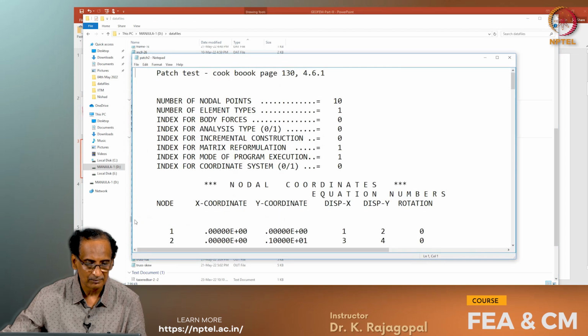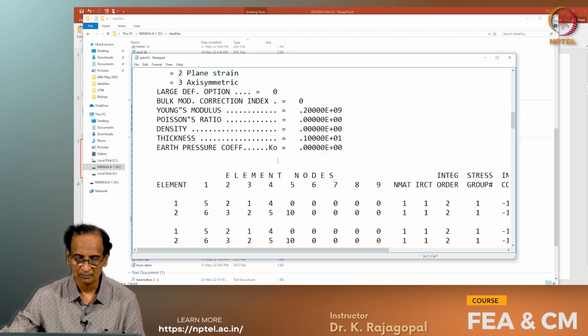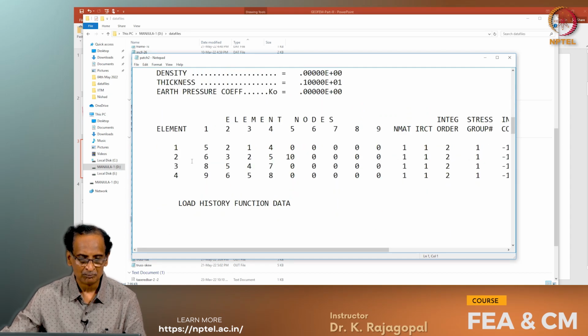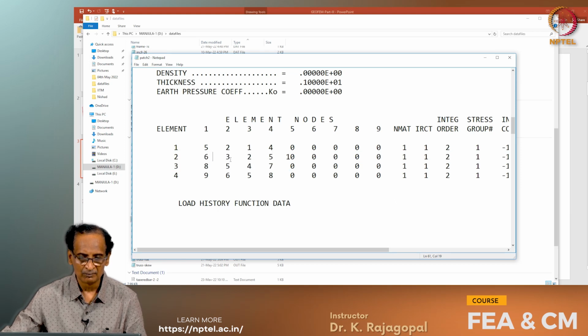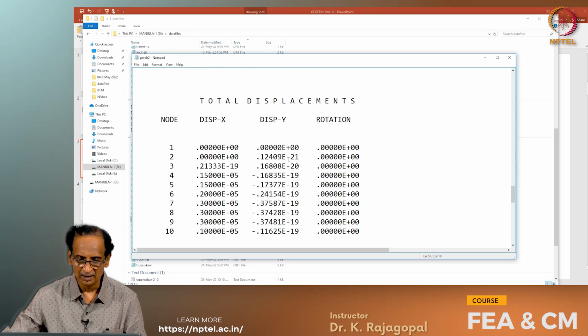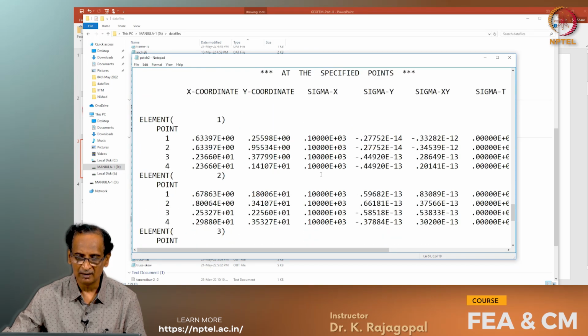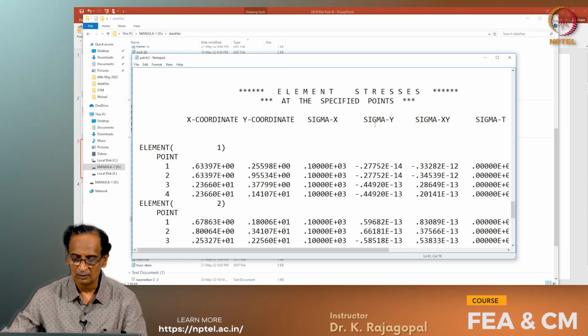And then the same thing if you do for the element with 5 nodes, we see that one of the elements, element 2, has 5 nodes 6, 3, 2, 5, 10, and then everything else is the same, and all the stresses inside the elements are all constant, 100 in element 1, 100 in element 2, 3 and 4, and there is no stress in the sigma y direction or tau xy.